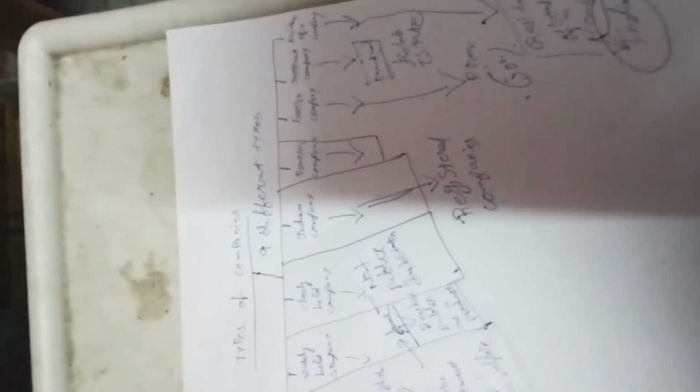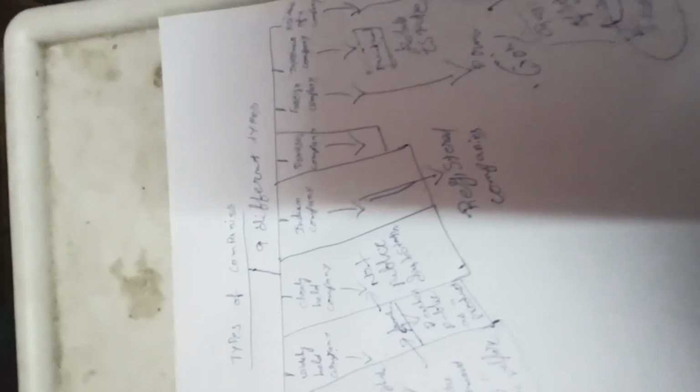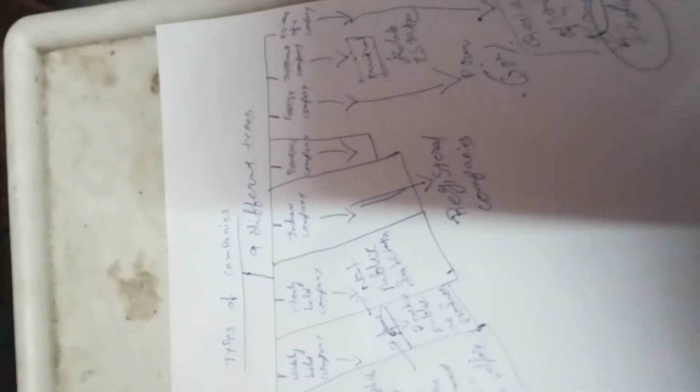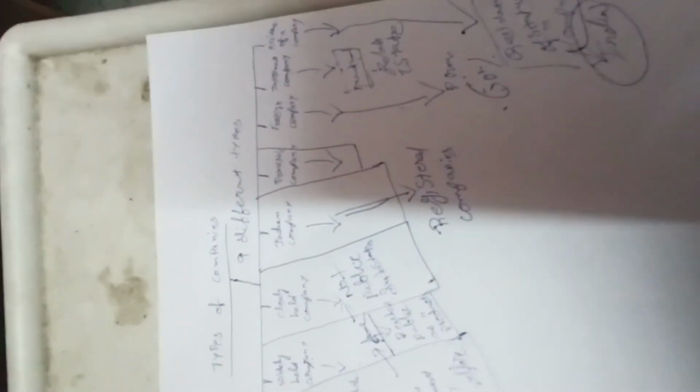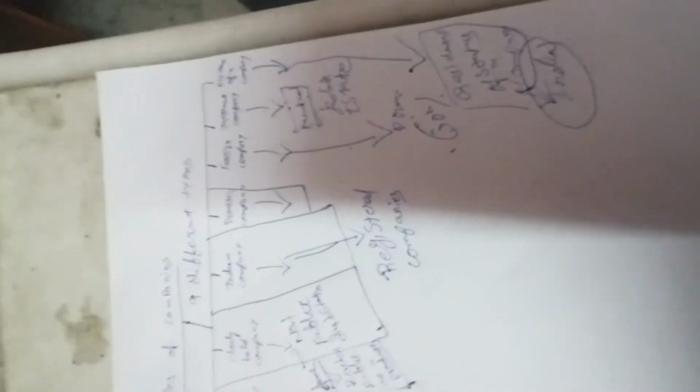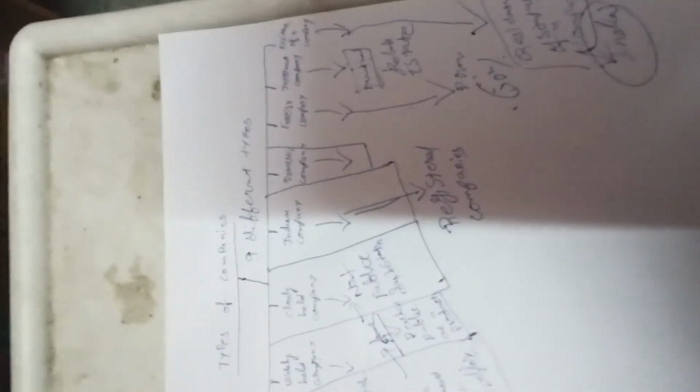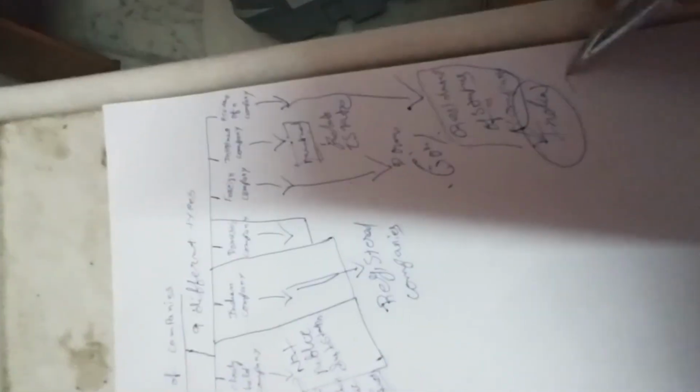For example, please concentrate on this because it is very difficult to understand. The company is a foreign company, but it is a resident of India. How is that the question?